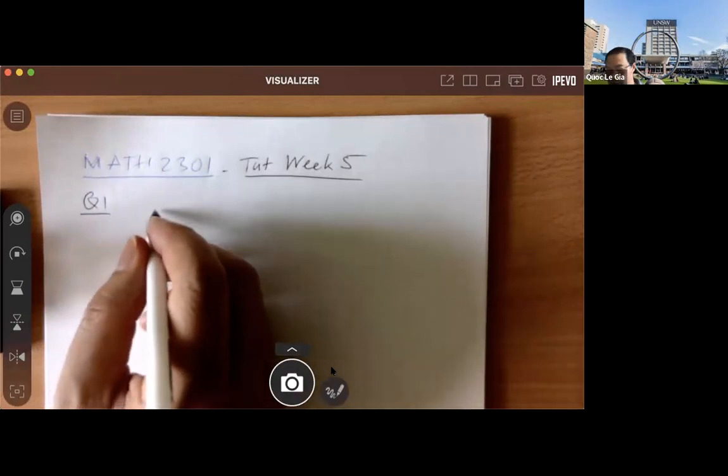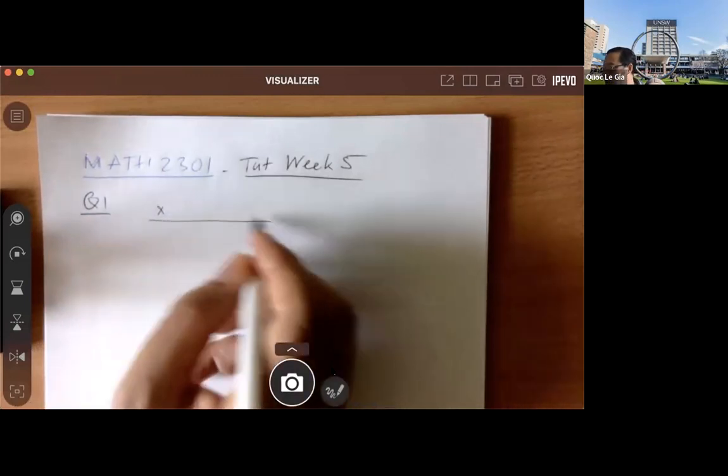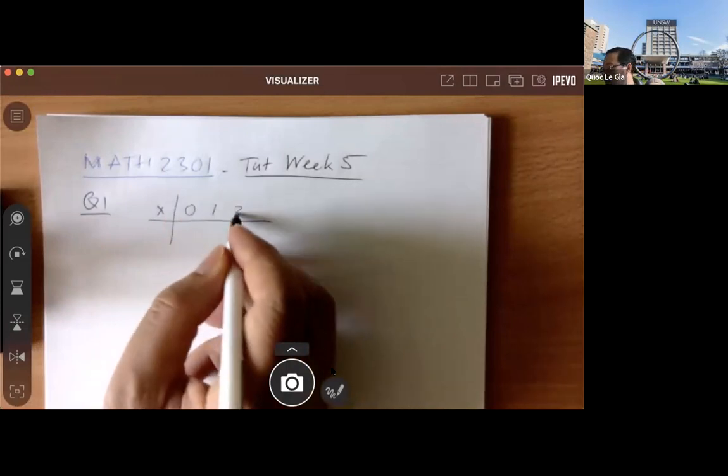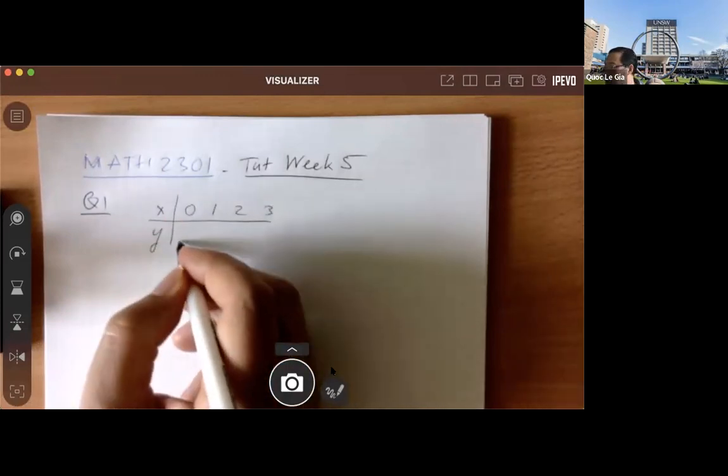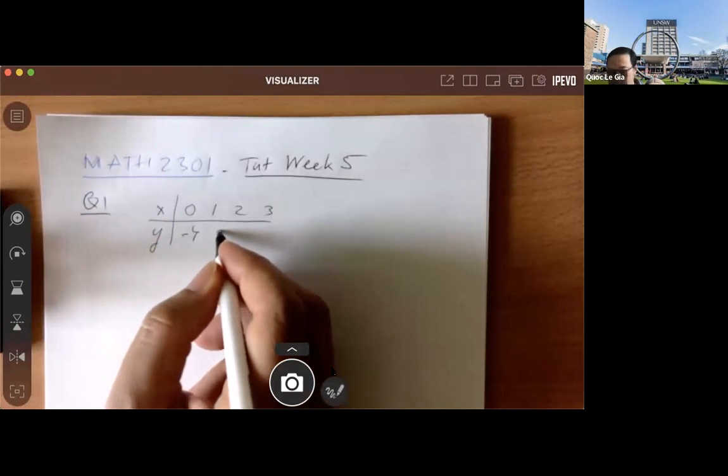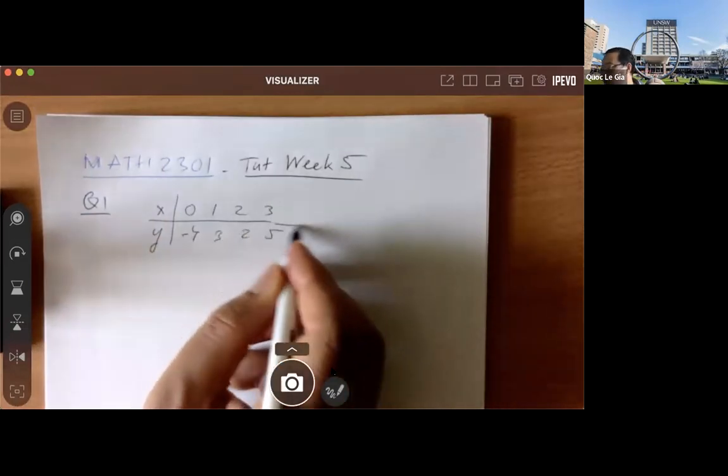You have x is 0, 1, 2, and 3, and y is minus 4, 3, 2, and 5, right?